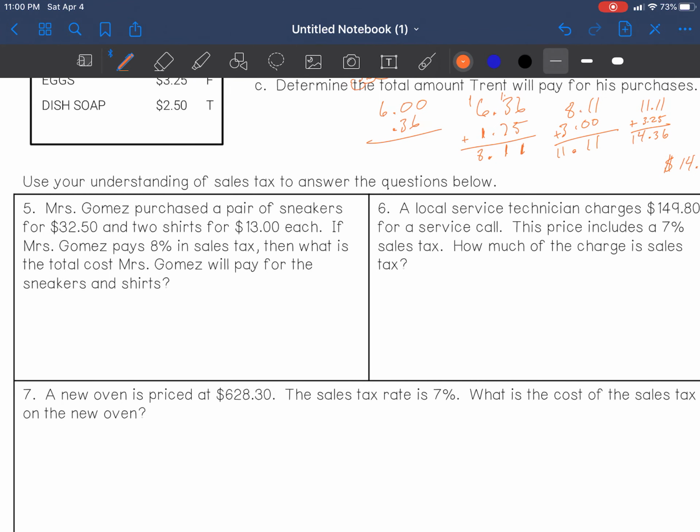All right, it says use your understanding of sales tax to answer the questions below. Ms. Gomez purchased a pair of sneakers for $32.50 and 2 shirts for $13 each. If Ms. Gomez pays 8% in sales tax, then what is the total cost that Ms. Gomez will pay for the sneakers and shirts? So we're gonna add the things we bought first.